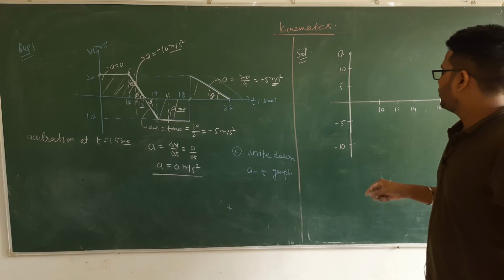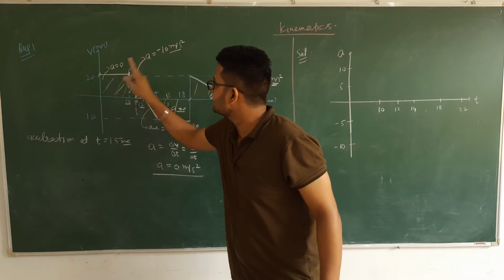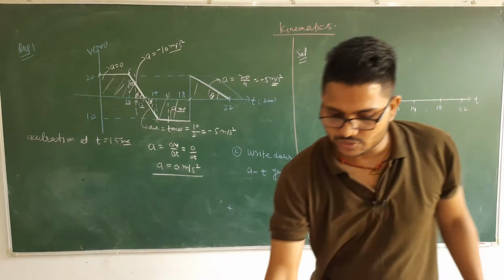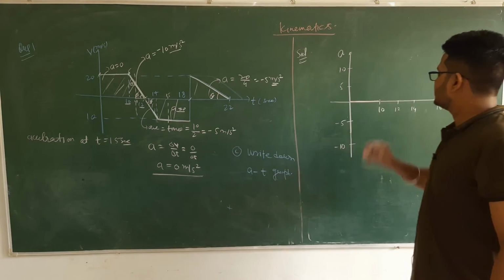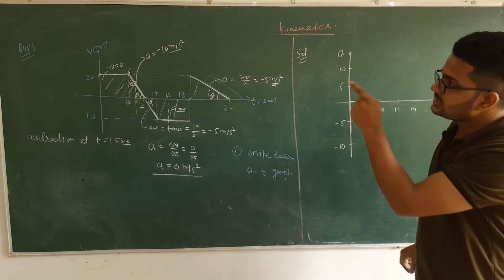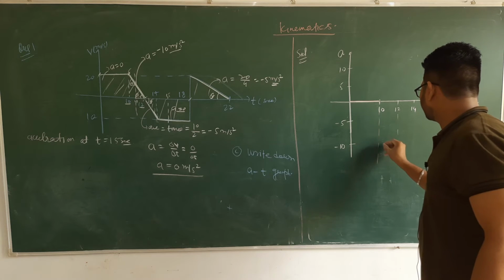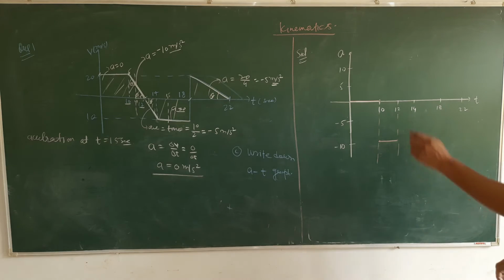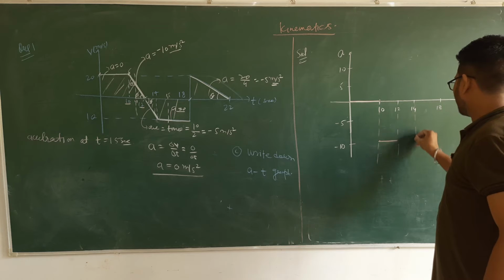Between the time period 0 to 10 the acceleration is 0. Between 10 to 12 seconds, acceleration is minus 10. Within 12 to 14 seconds, the acceleration is minus 5.